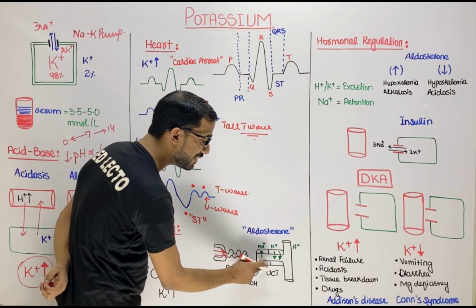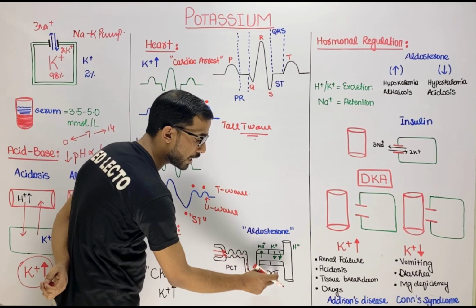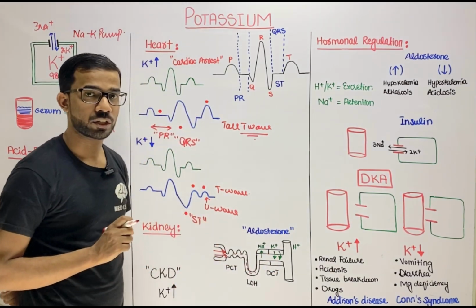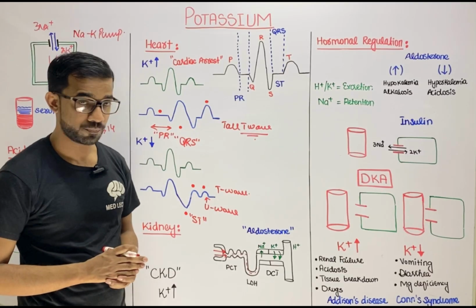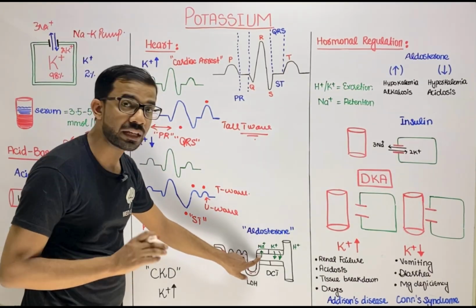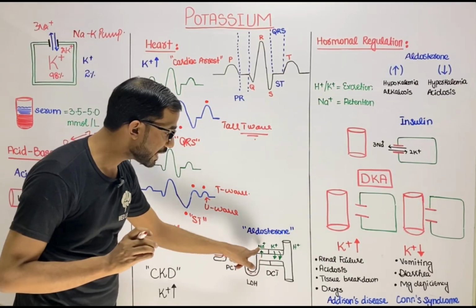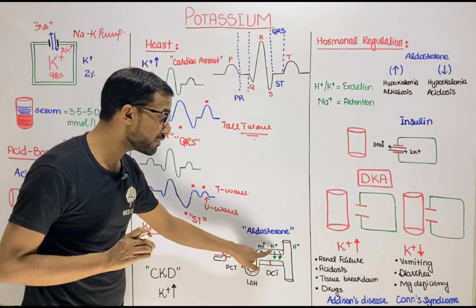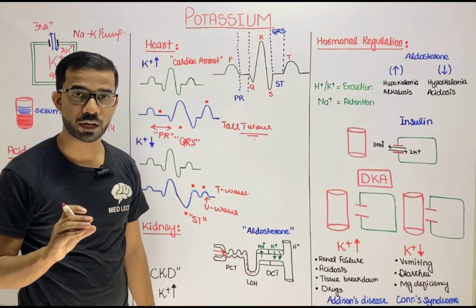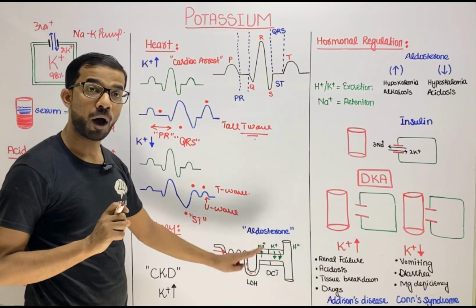Normally, when this filtrate moves towards the distal convoluted tubule, what will happen? Under the influence of aldosterone, sodium from the lumen of the tube starts moving inside the tubular cells, and at the same time potassium will start moving into the lumen of the tubule. That is the opposite effect.